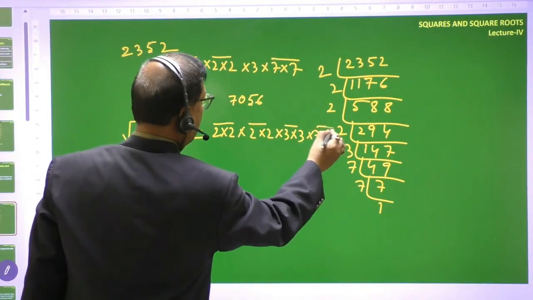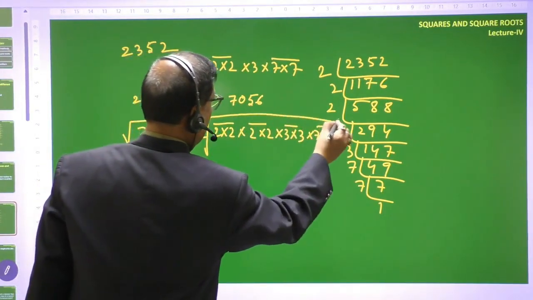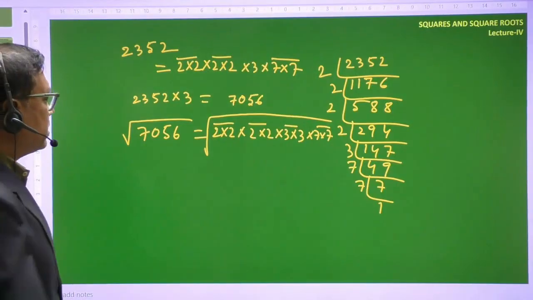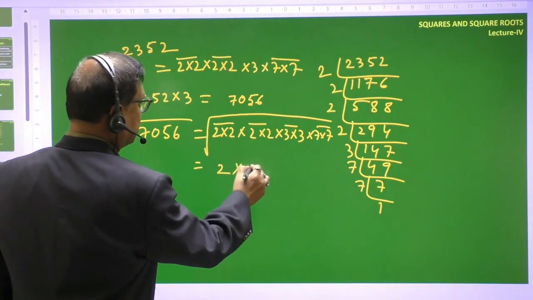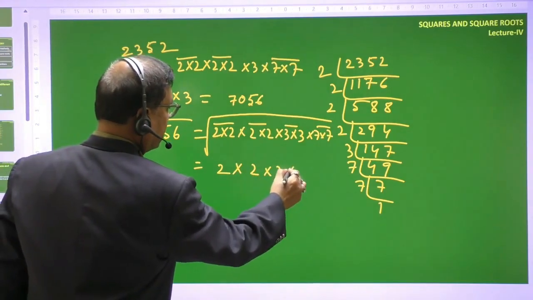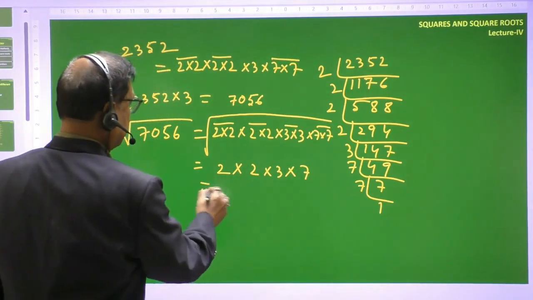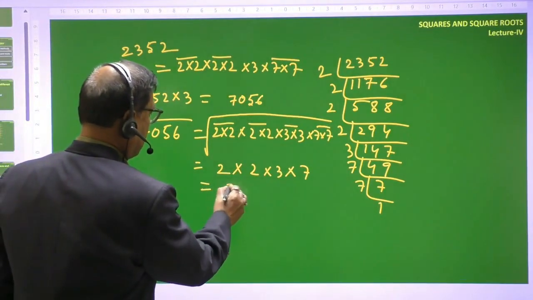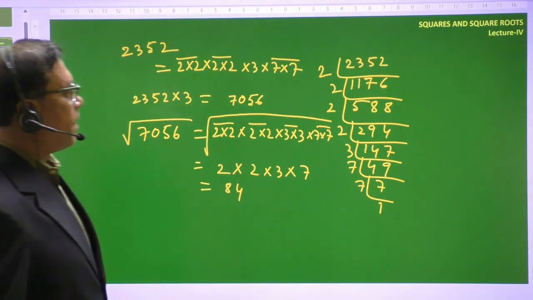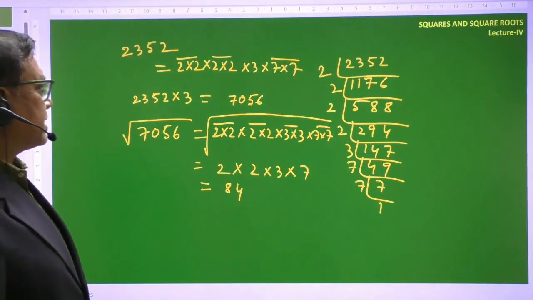Now all the prime factors are paired, and from each pair we take one number. So the result is coming 84. Is it clear?